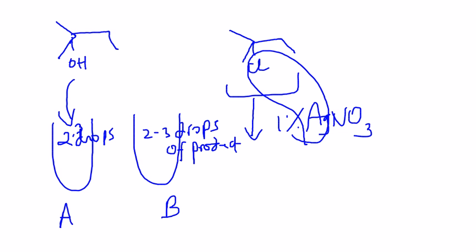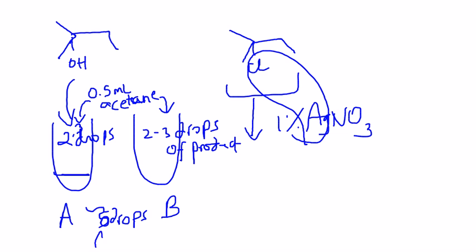You can add a little bit of acetone, so 0.5 milliliters of acetone, just to solubilize, just to keep the phase the same, acetone in both of these. And then add about 5 drops of the AgNO3 that is provided. It's a 1% solution. You will add it to both of these.